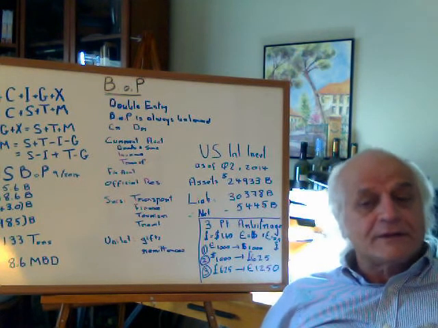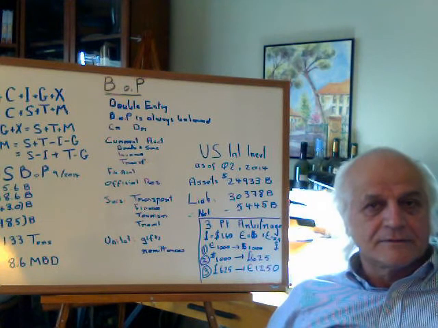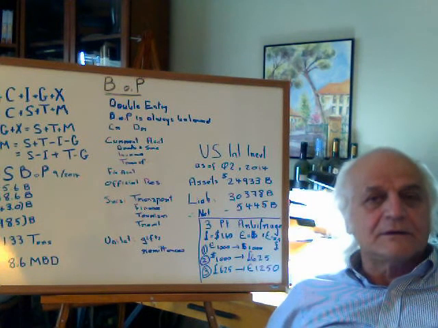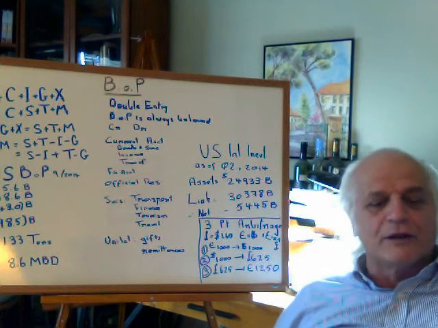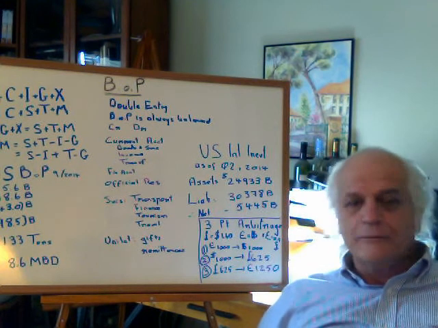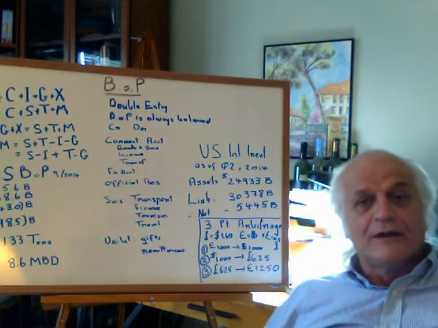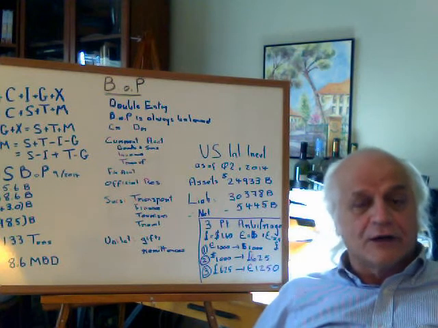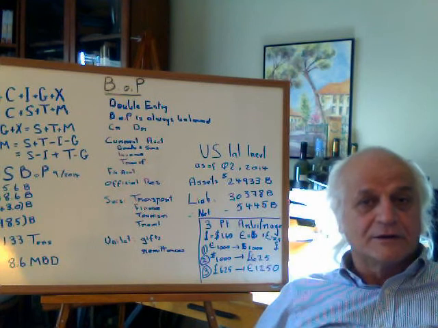Actually, we have been a debtor nation ever since 1986. And it will be difficult to suggest that this will go away anytime soon. Because as you can see, we're talking about a relatively large sum of money, over $5 trillion, which is going to grow every single year.